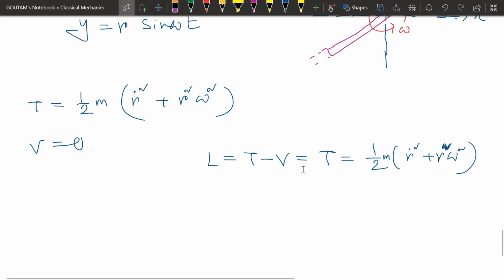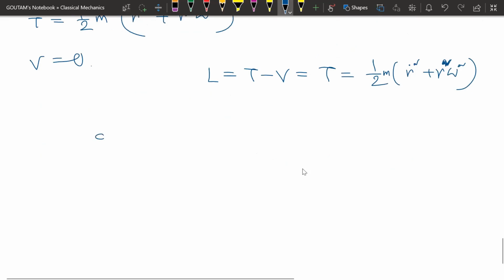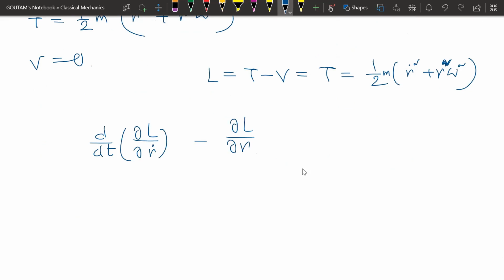Now, if we write the Lagrangian equation of motion, we will get d dt of del L del r dot minus del L del r equals 0. What is del L del r dot? Del L del r dot is m r dot.